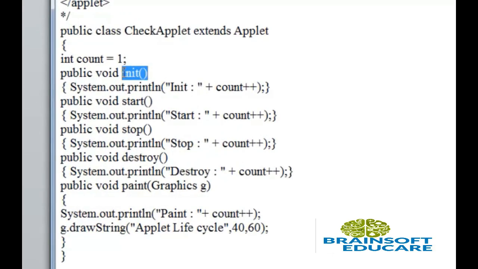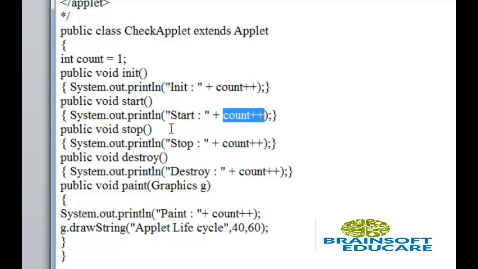By calling this method, our applet's lifecycle will start, which is used to print init and count with increment. Then the start method, which is used to print start with count.